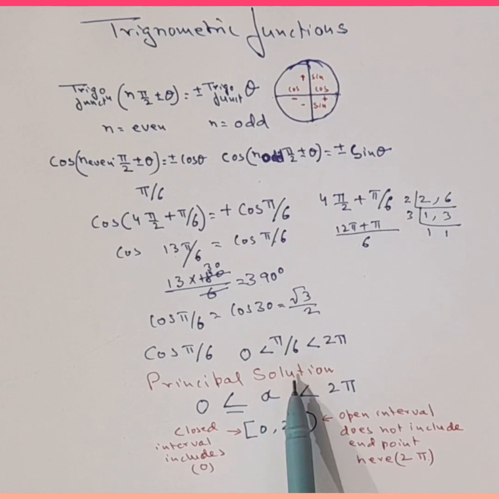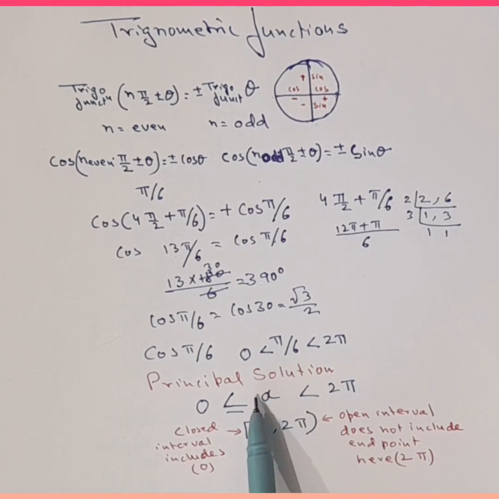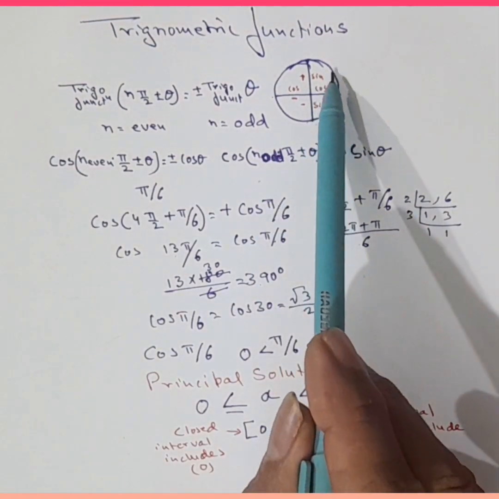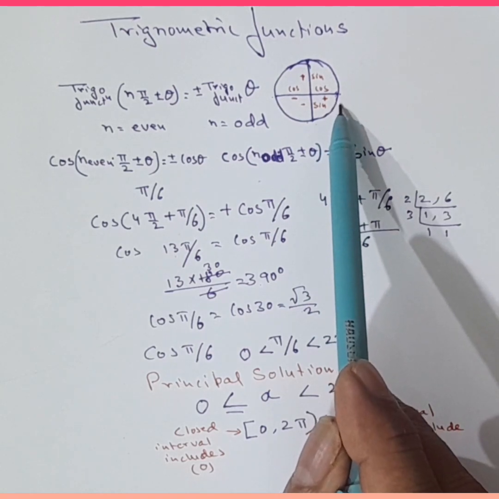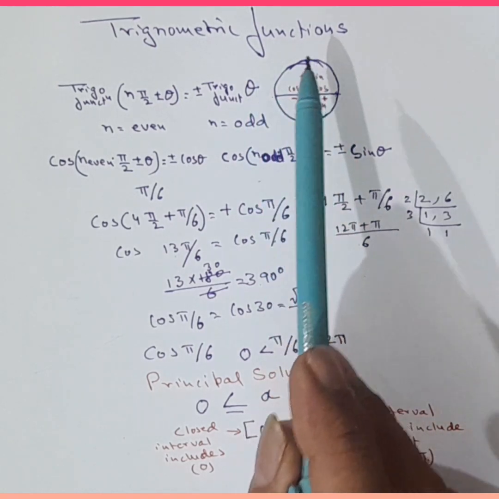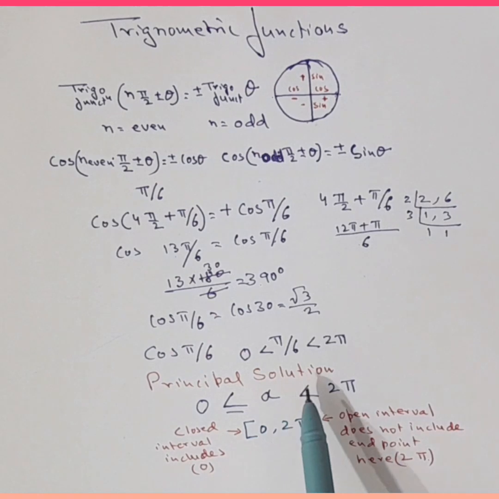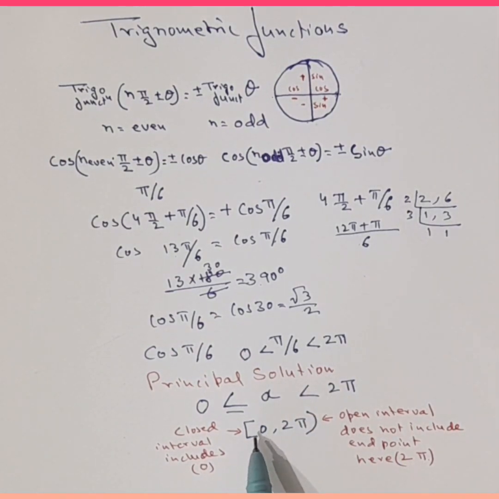Now why principal solution? Because the rule for principal solution is that the angle has to be greater than or equal to 0 and less than 2 pi. So from here till here, whatever values we have, they are all known as principal solutions. That's how we also represent it this way.